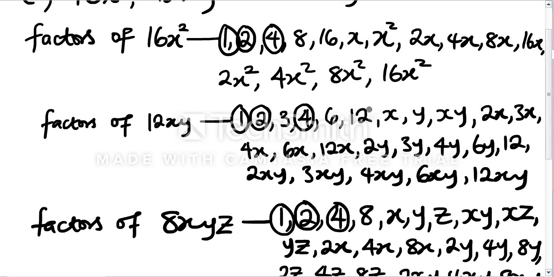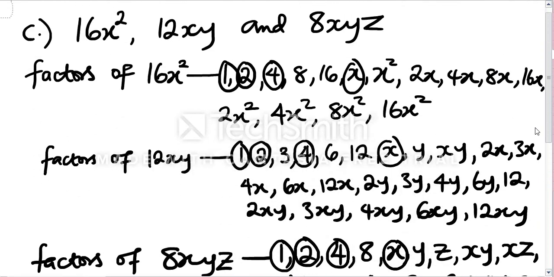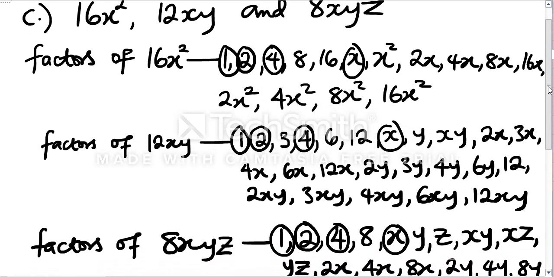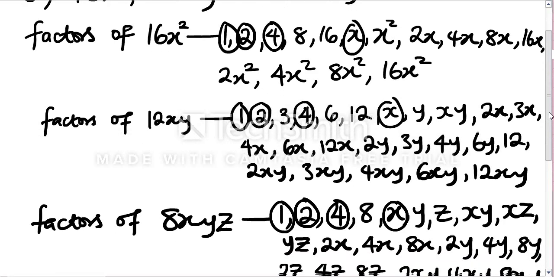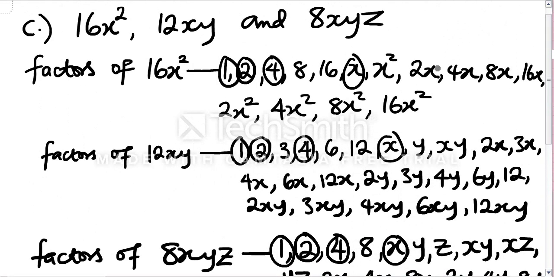16. 16 is not common. Is x common? Yes, we have x to be common. So x is common. Is y common? No, y is not common. What about x squared? X squared is not common. 2x should be common because 2x is the multiple of 2 and x.